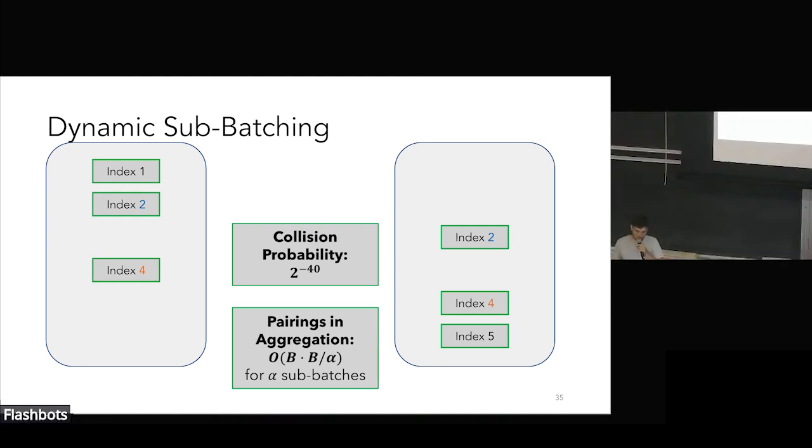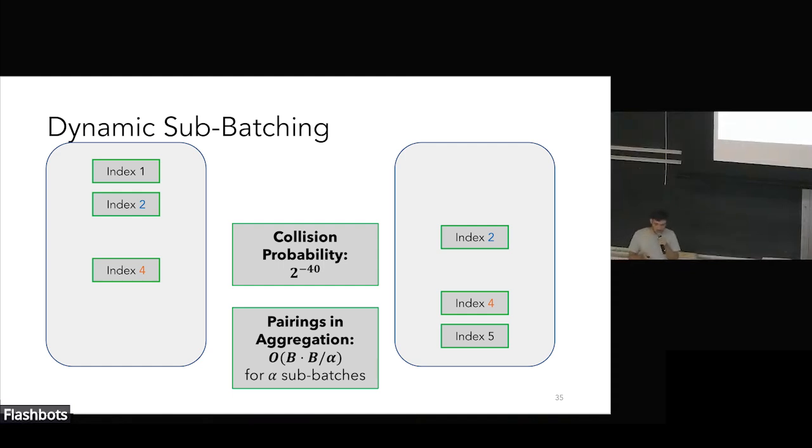And in our work, we do some analysis, and we can show that for an appropriate number of sub-batches, we get reasonable statistical correctness, basically having that the probability of having more collisions than the number of sub-batches on a single given index is less than 2 to the minus 40.